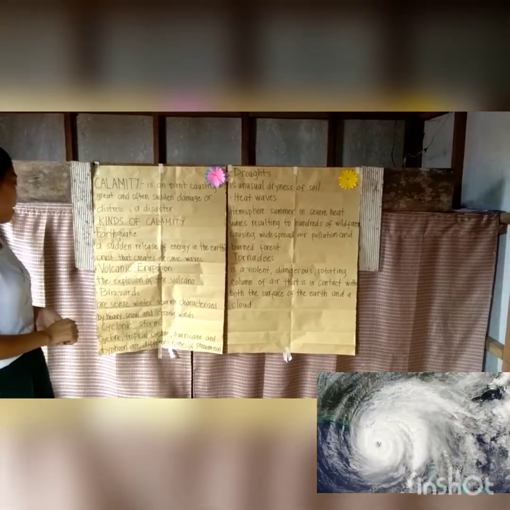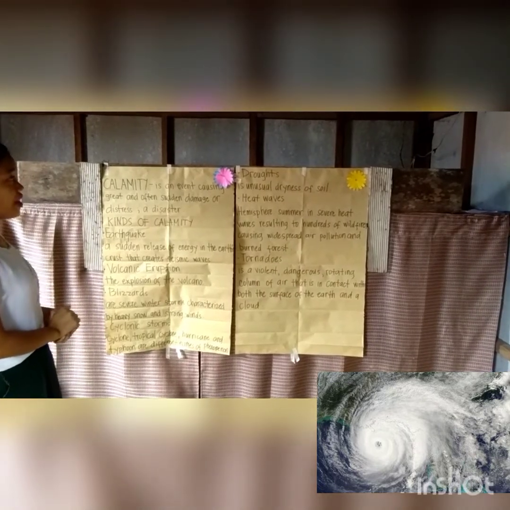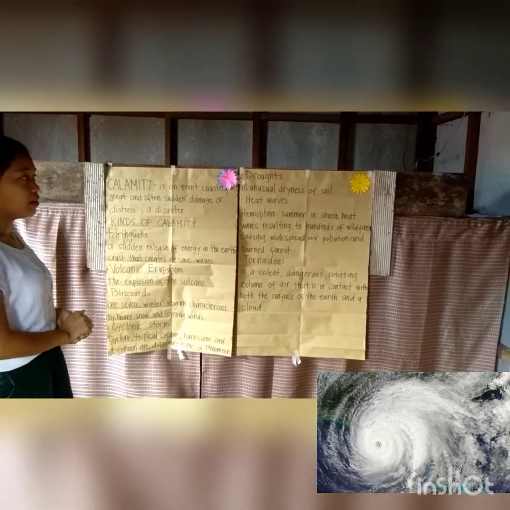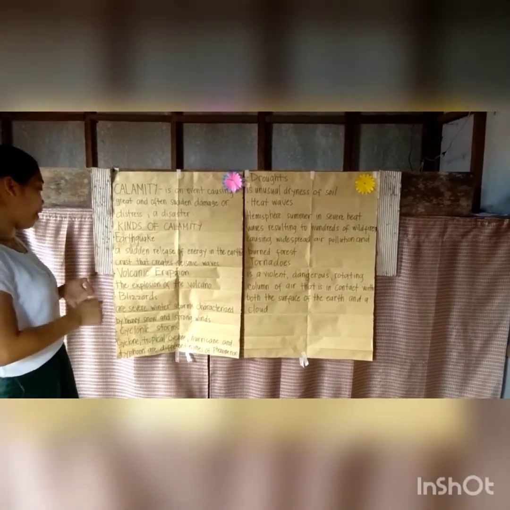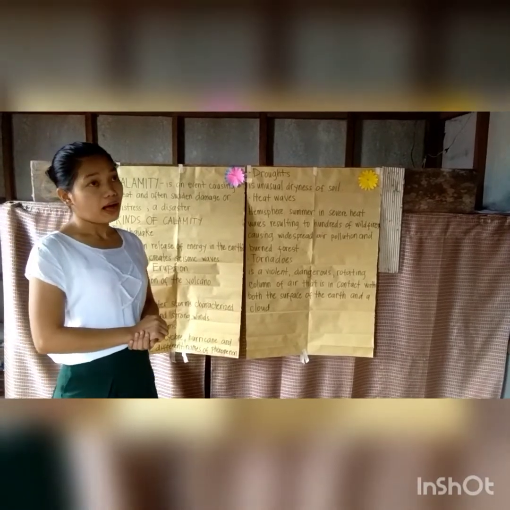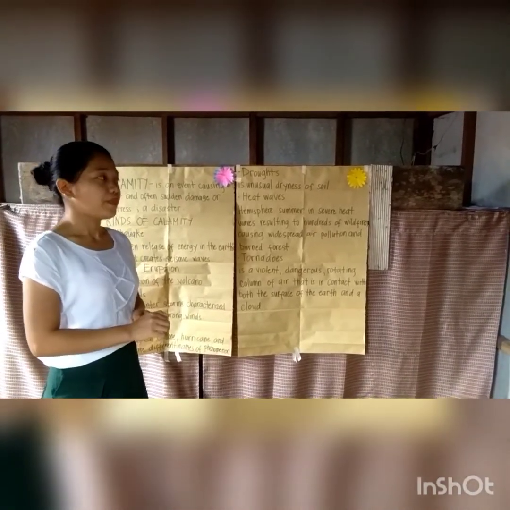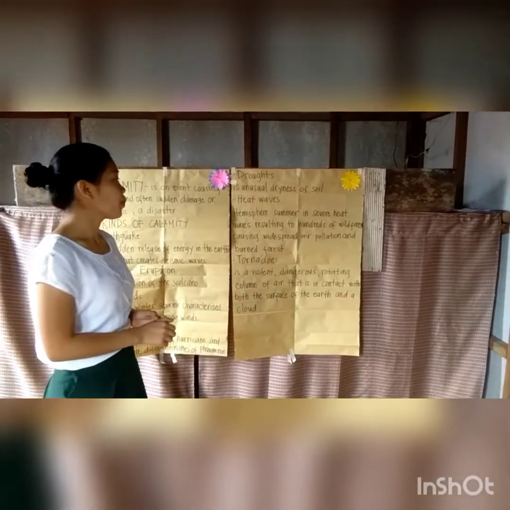Cyclonic storms. Mostly these are phenomena like cyclone, tropical cyclone, hurricane, and typhoon, like floods and bagyo. That's an example of cyclonic storms.